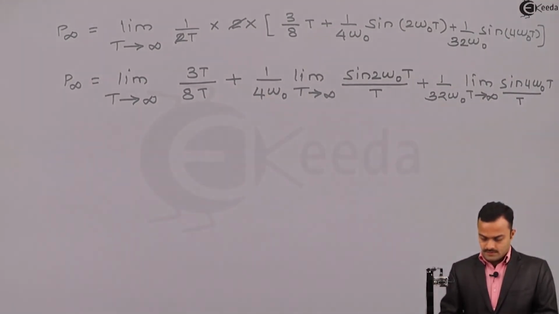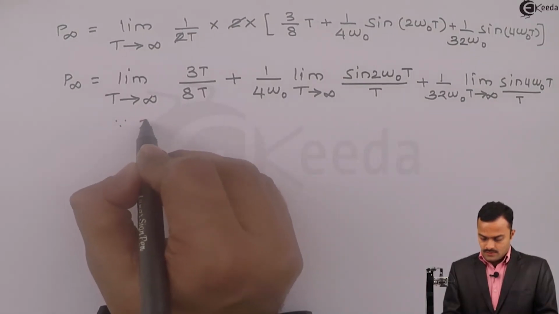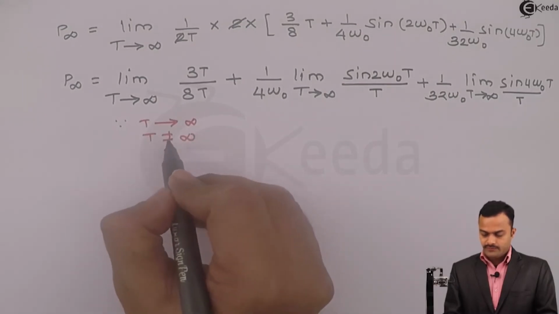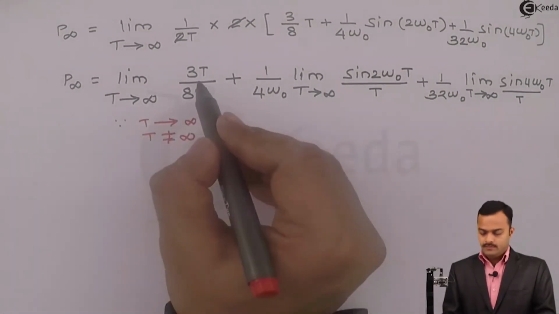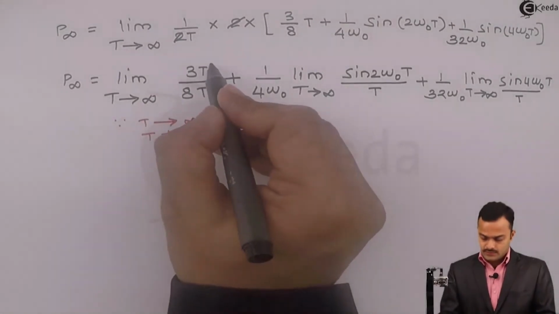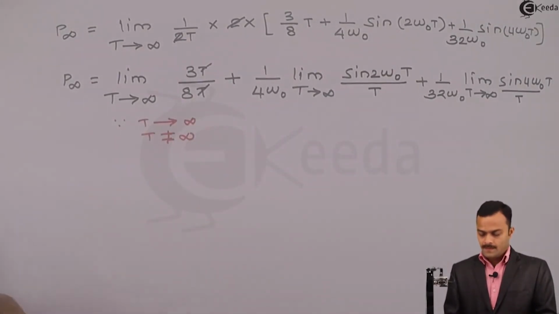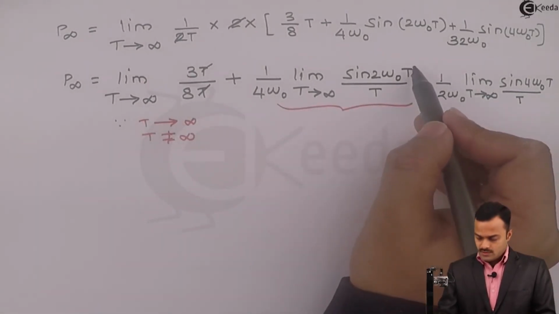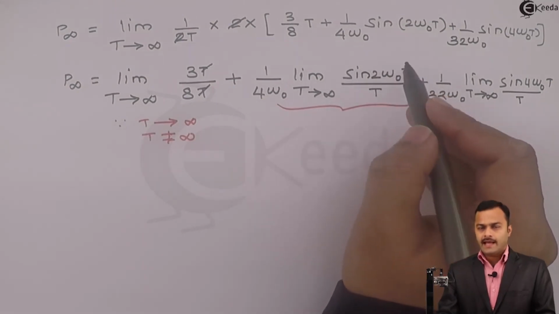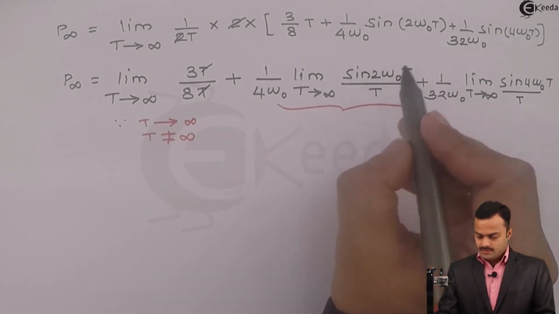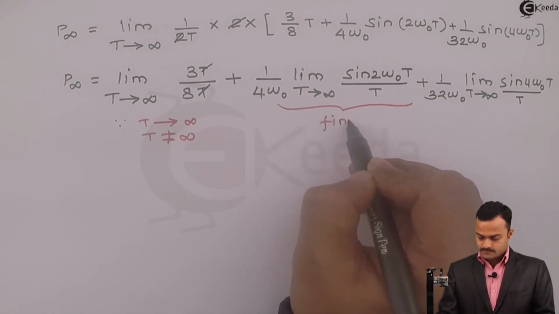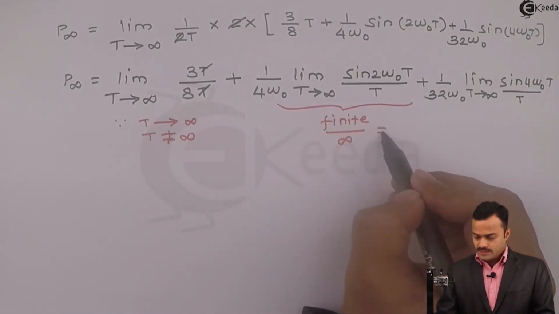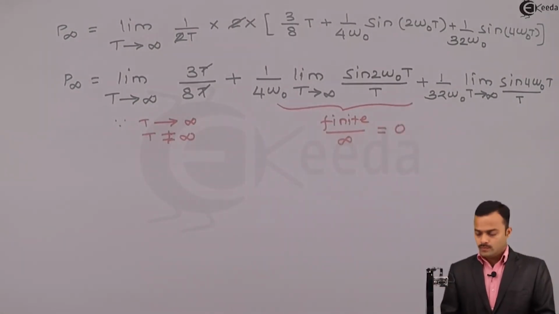Since t is tending to infinity, meaning t is not equal to infinity, why is this required? Because from this I can cancel out t. Next, for this part, we know sine of any angle will be a finite number, but that finite number is divided by infinity, which is equal to 0.